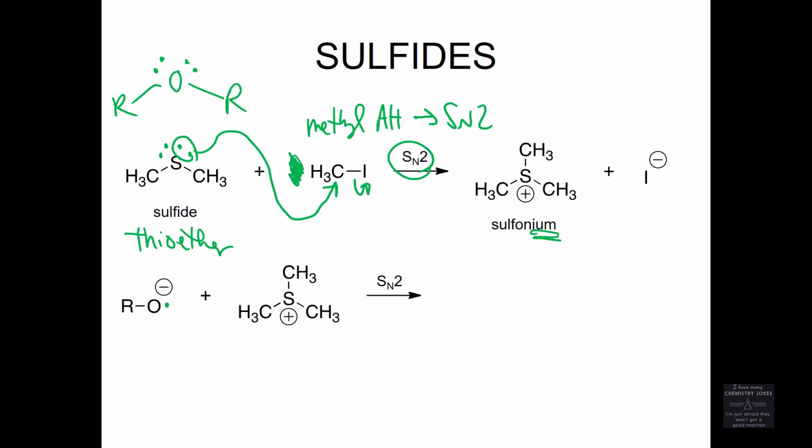So when I add another nucleophile of some sort, I can attack my methyl group and let go of my sulfur. Sulfur is a decent leaving group when it's got a positive charge, because it can leave as a neutral sulfur compound. So the first reaction was sulfur acting as the nucleophile. The next reaction was sulfur acting as the leaving group.